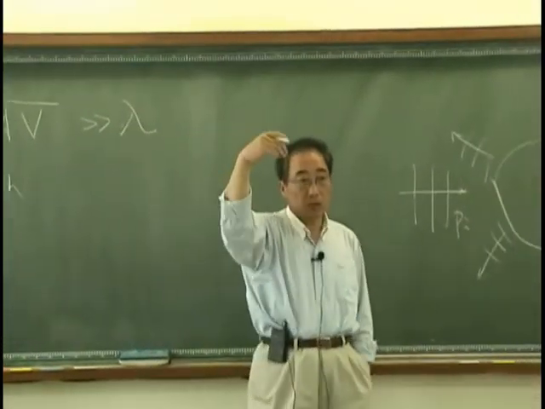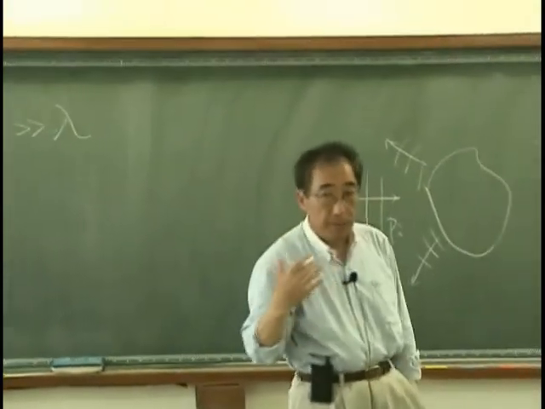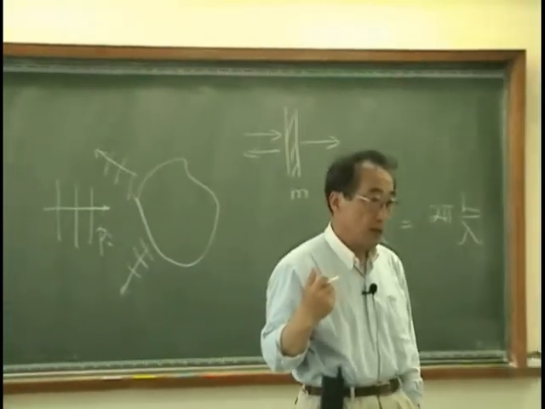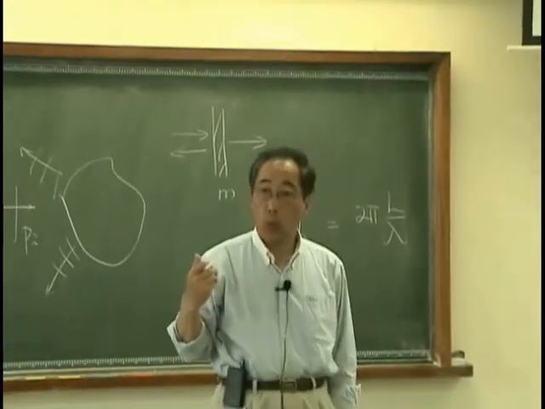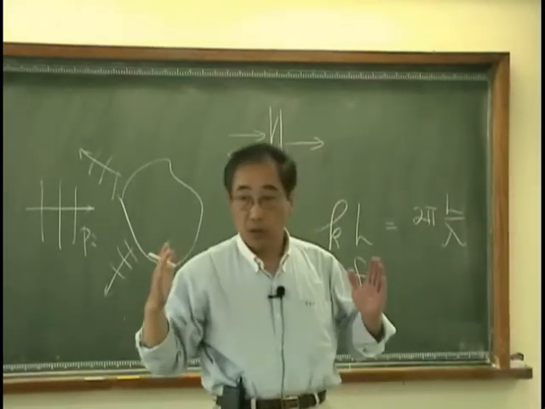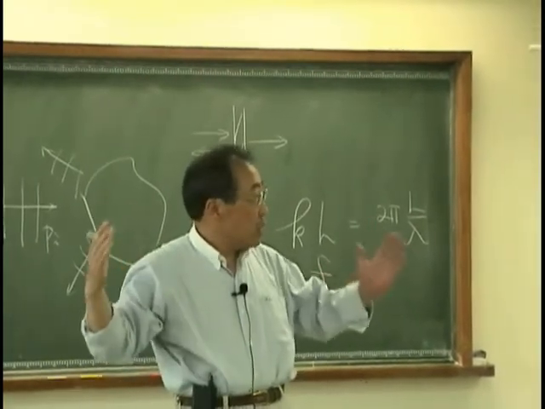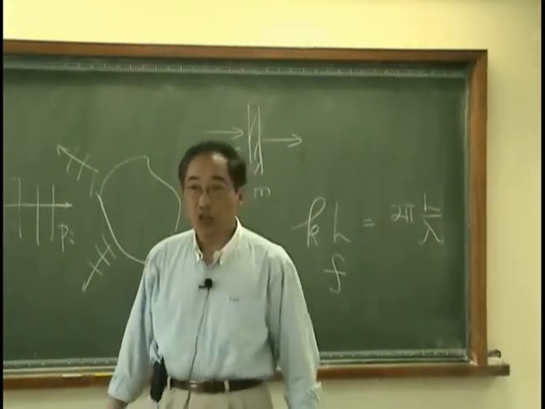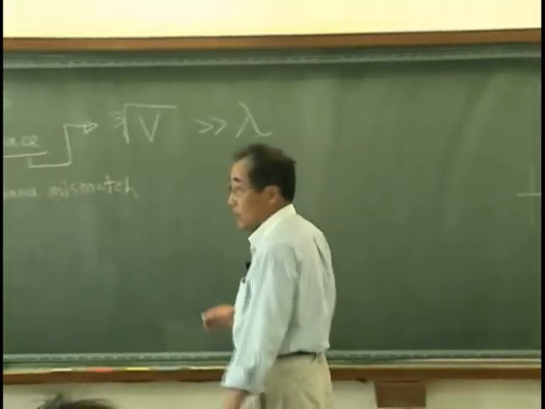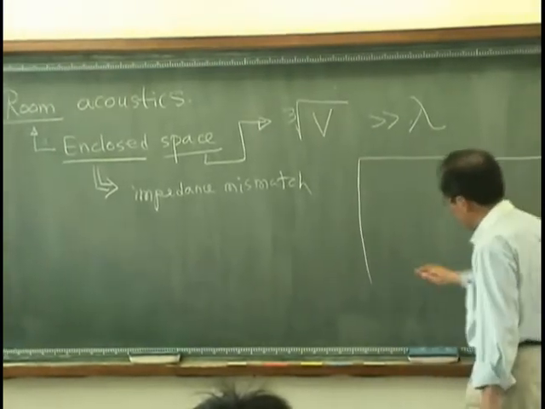So this room is very large compared with the sound I am producing now. At 1 kilohertz, this wavelength, this room is much, much larger than the 34 centimeter wavelength. It's very large now. Okay, the room is large.